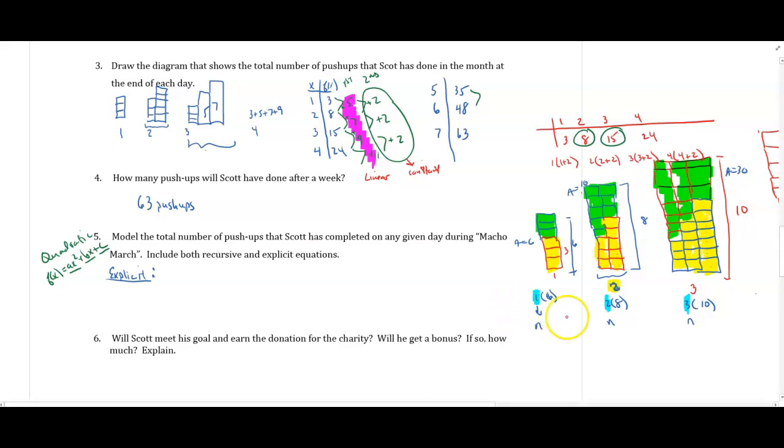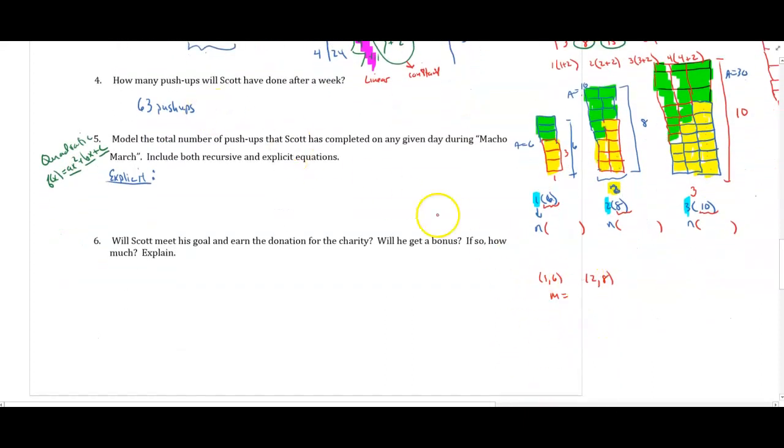So right away when I look here, I went up 6, 8, and 10. Can we figure out that linear rule right there? Think of it this way: after day 1, we had 6. After day 2, we had 8. If I find the rate of change or the slope, that's going to be 8 minus 6 over 2 minus 1.